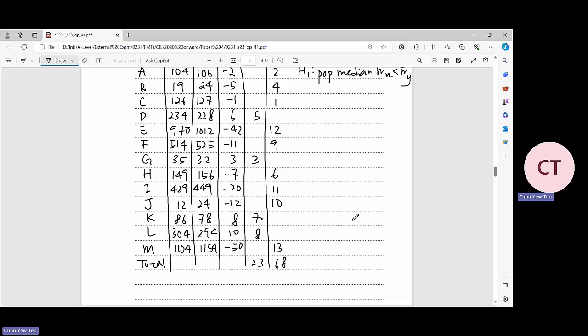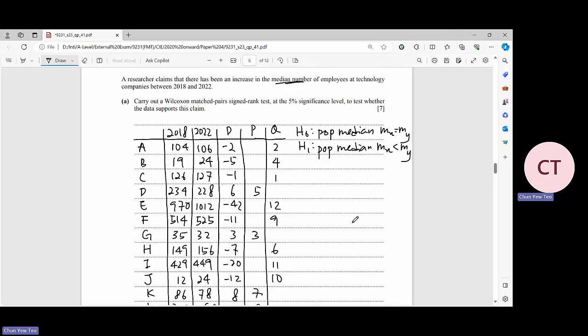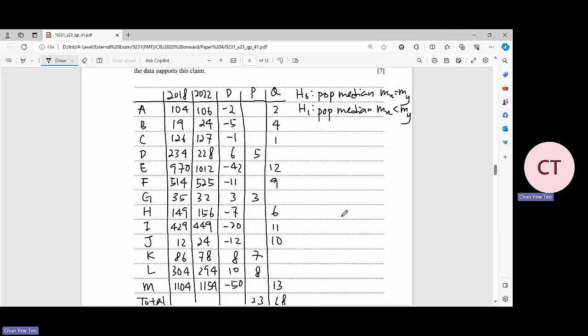Now we are ready to do the Wilcoxon test. We need to find the critical value, which we search from the formula booklet MF19. You can see that the critical value is 21.